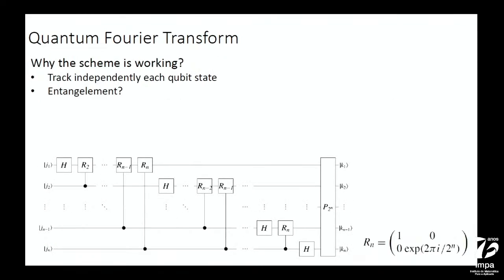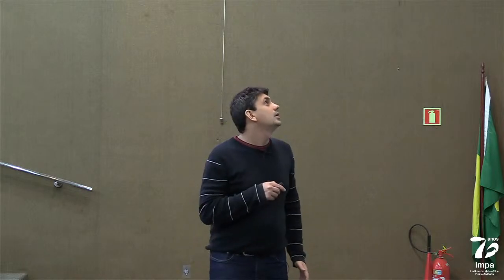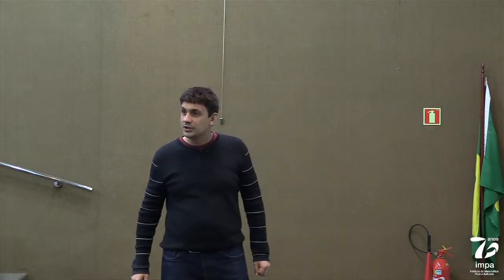If it works correctly on every basis state, then it works correctly for all states, because the scheme is a linear operator. It works because we can do this for a single state. And the question: what about entanglement?